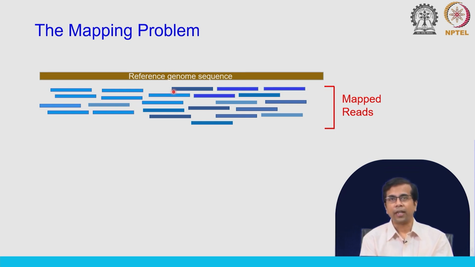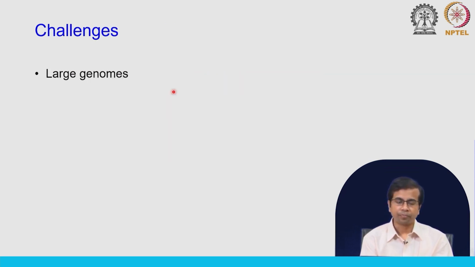So, what are the major challenges here? Okay. So, the first challenge is that we work with large genomes. Most of the data that you will see, for example, for the human genome, will be huge. This is like 3 into 10 to the power 9 bases. So, if you work with plants or mammalian genomes, these are really big genomes.